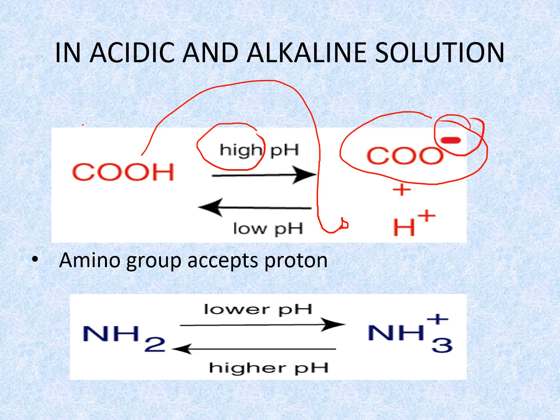So in this sense, in basic or alkaline solution, your carboxyl group is carrying a negative charge, which is the same as when your carboxyl group is exposed to physiologic pH. Remember, when your carboxyl group is exposed to physiologic pH, it will always carry a negative charge because the behavior of your carboxyl group in physiologic pH is the same behavior it possesses when it is exposed to alkaline solution.